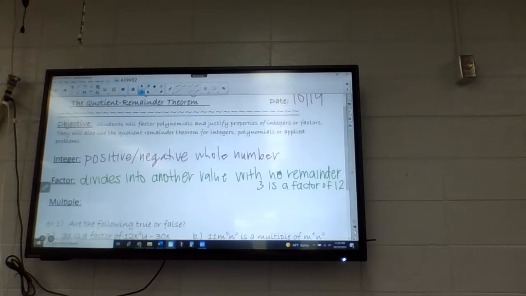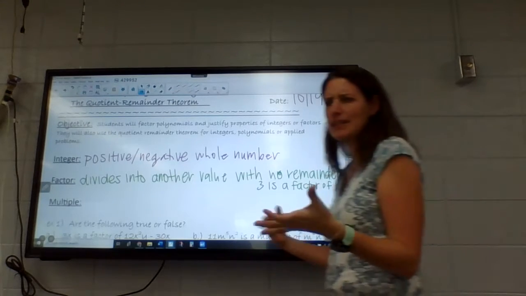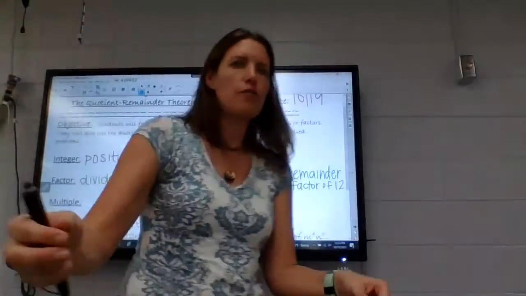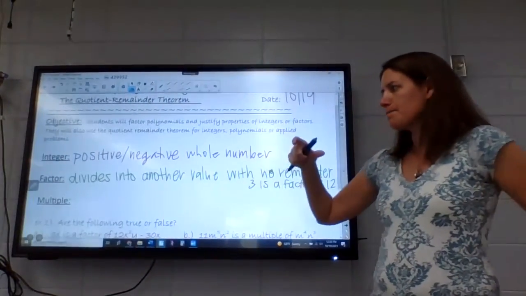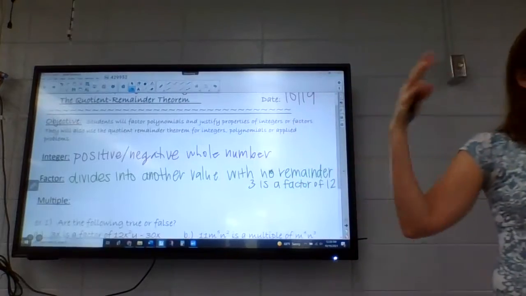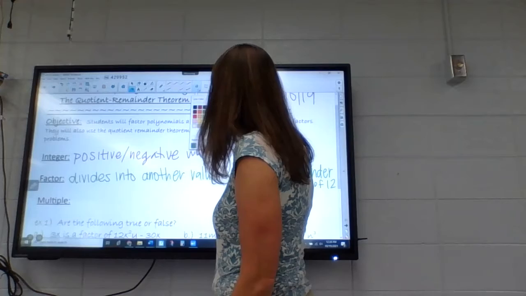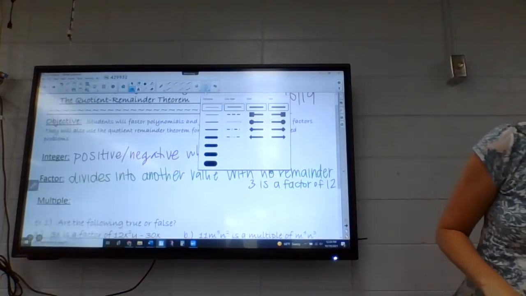A multiple is kind of the opposite, but I feel like it's a little harder to explain. So it's flipping that. Like 12 would be a multiple of 3. It's a number you can get from multiplying another number, so it's usually the same size or bigger than the other number. I have to see if I have a better way to say it.